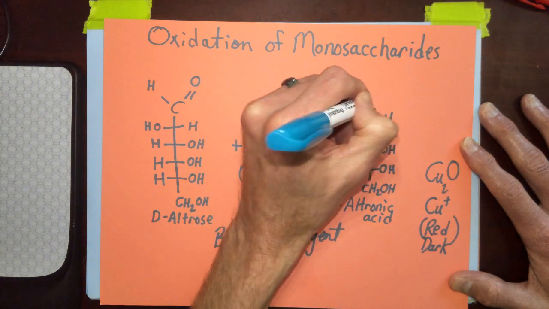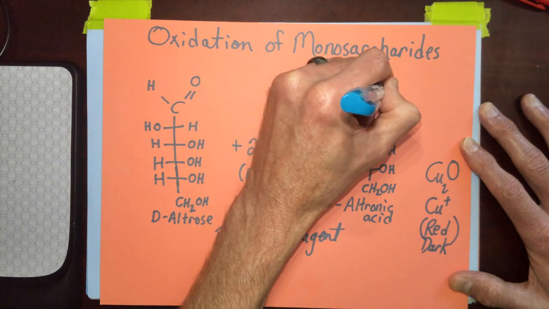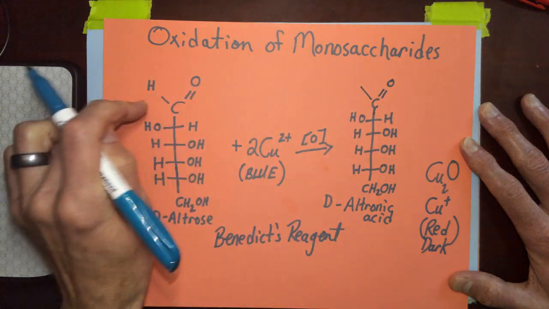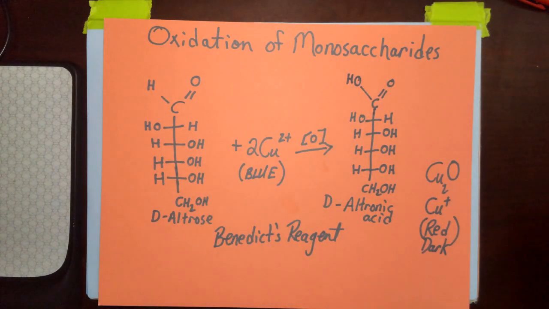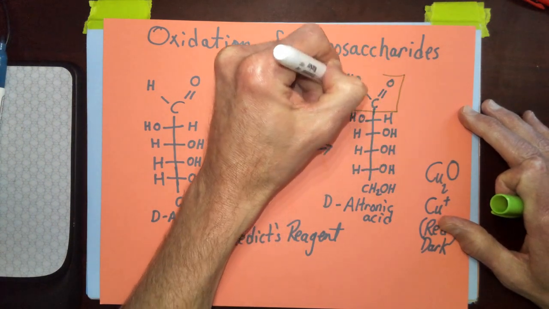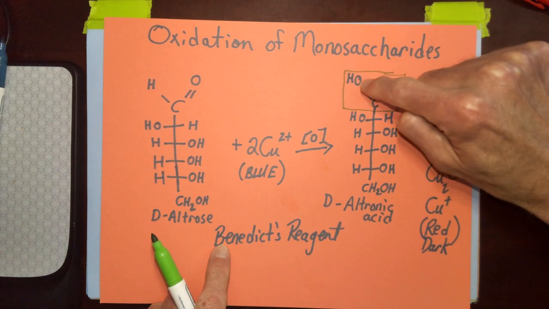So here we have the carbon with the double bonded oxygen, similar to before, but that H is now an OH, and there is that carboxylic acid group, C double bonded O, OH.